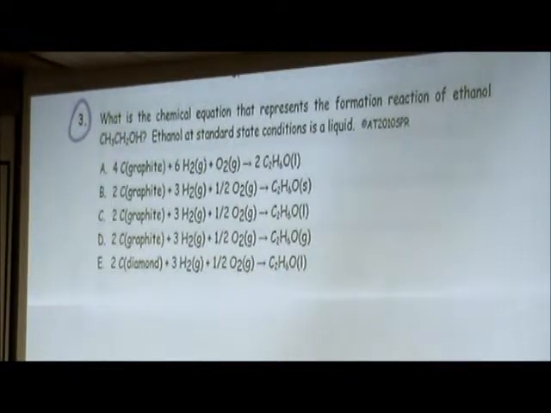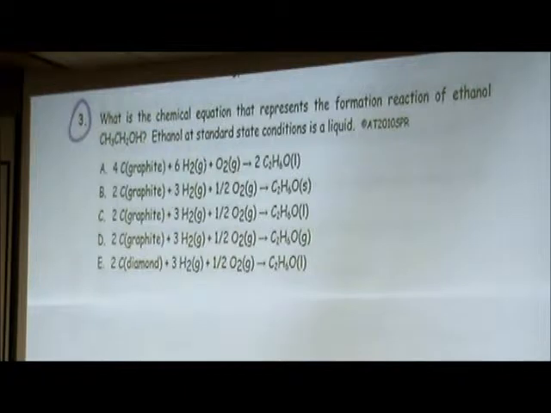And the third thing, besides the balanced equation and the correct physical states, is that the formation reaction of the substance always refers to per mole of the product. So it has to be balanced in such a way that you have 1 mole of product.